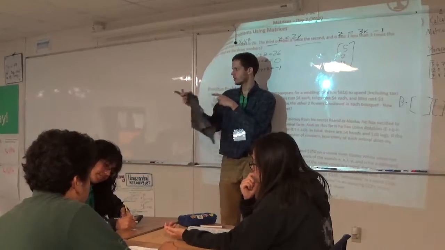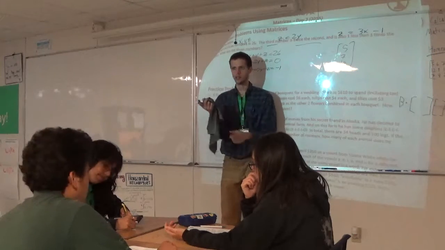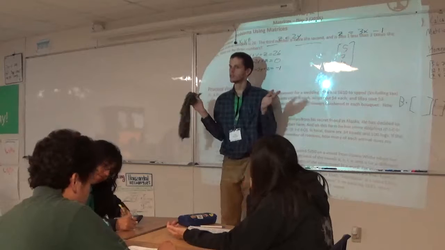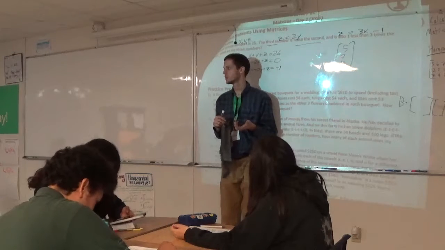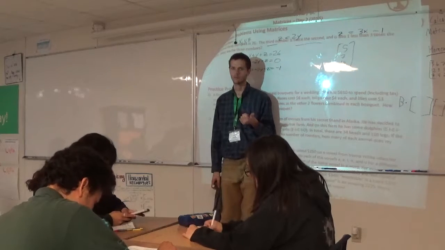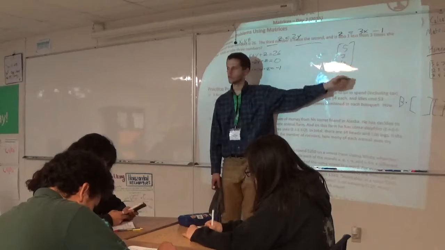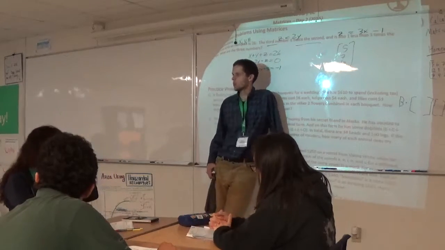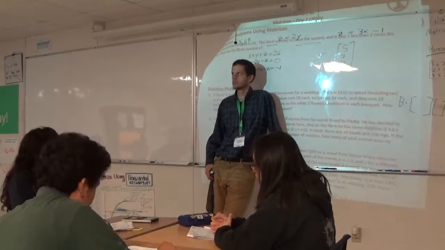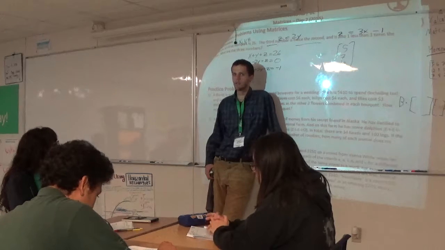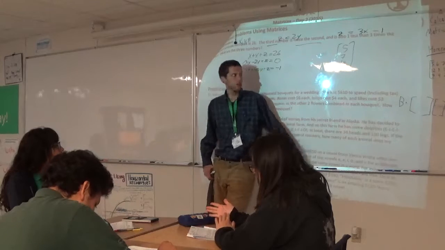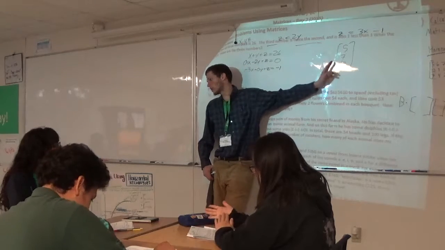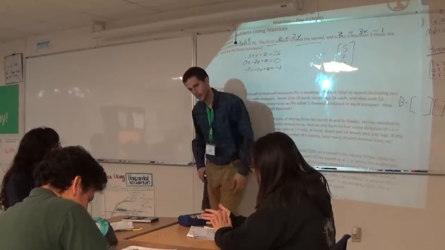Does that make sense? Look back at the word problem. Do those add up to 26? 5 and 7, 12 plus 14, 26. Is the third number twice the second? Yes. Is the third number 3 times the first minus 1? Yes. So it's going to be okay.